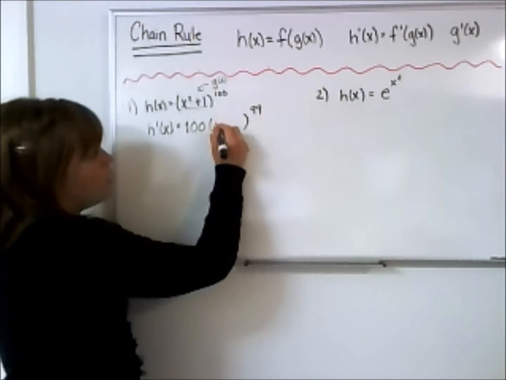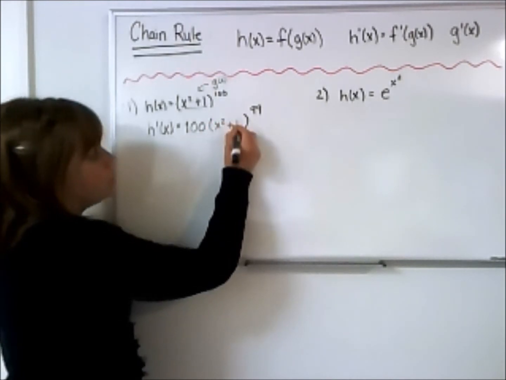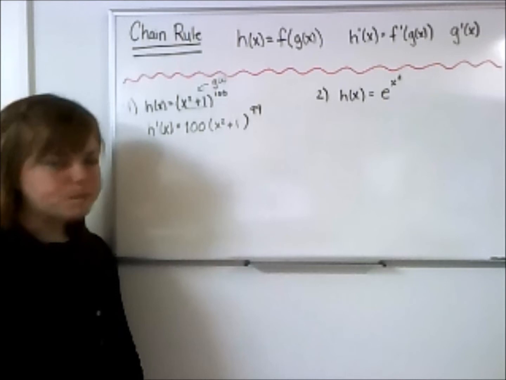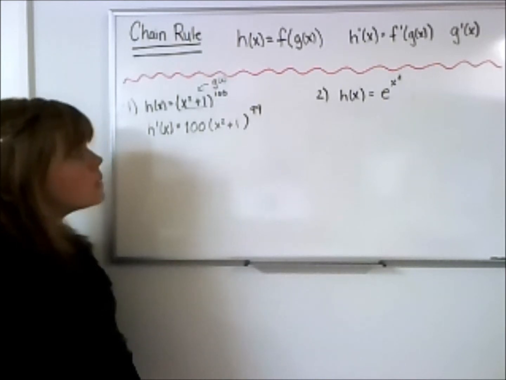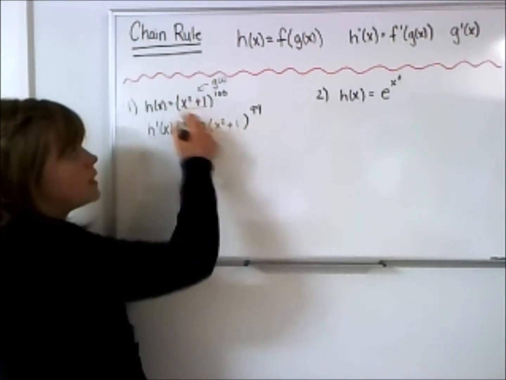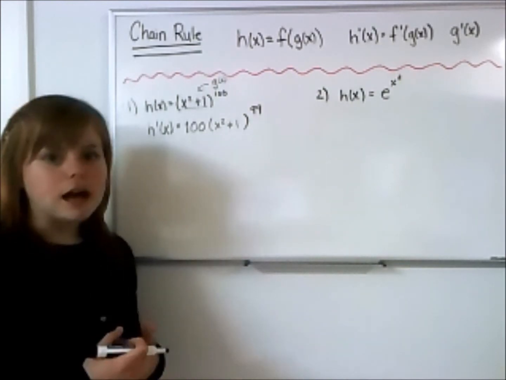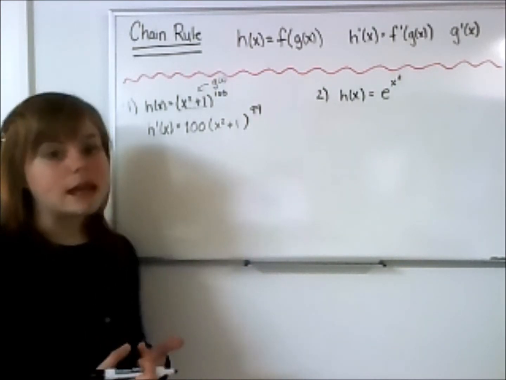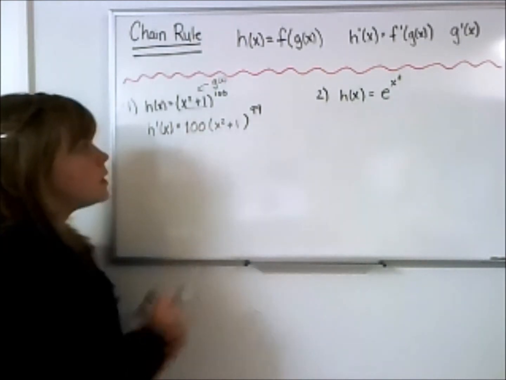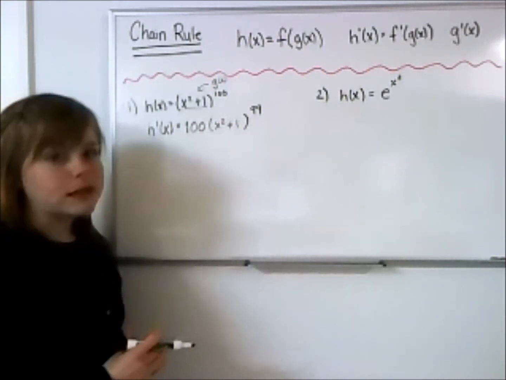So nothing changes inside, we'll just leave that x squared plus 1. You could call this inside quantity y, and then take the derivative f of y, and then substitute back in the x squared plus 1, or you again can just use the parentheses.